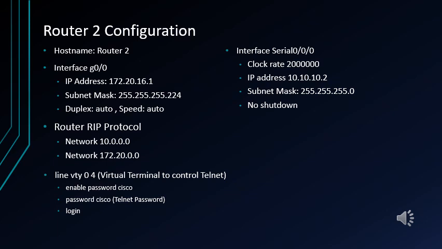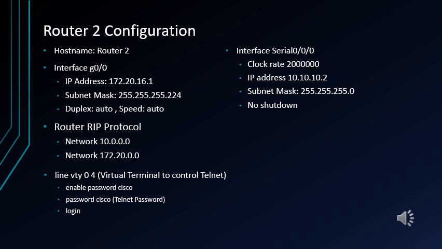So now we're going to be moving on to the router 2 configuration. For the host name, we used router 2, and for interface G0, we have an IP address of 172.20.16.1 and a subnet mask of 255.255.255.224. We use auto for duplex and auto for speed as well. We have a router RIP protocol for the networks 10.0.0.0 and 172.20.0.0.